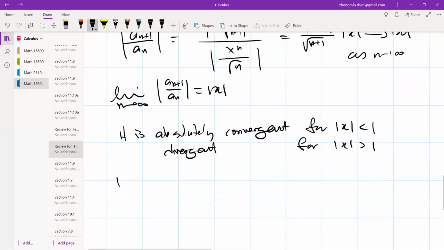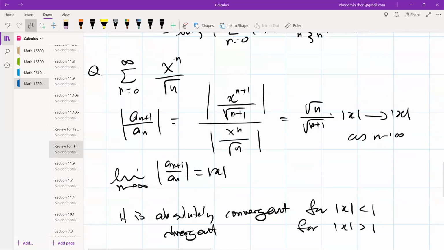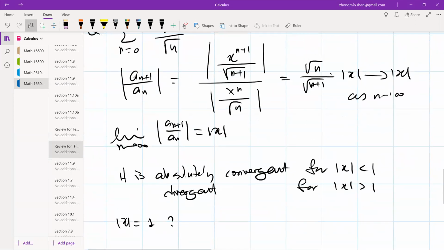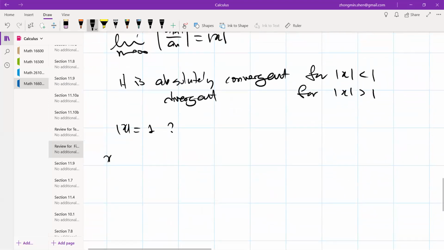So how about when absolute x is equal to 1? Because you have to find the interval of convergence. The radius of convergence, we already know, is 1. The interval of convergence is not going to be just from negative to positive; it may include the endpoint. When x equals 1, the power series becomes a series like this, which is divergent.